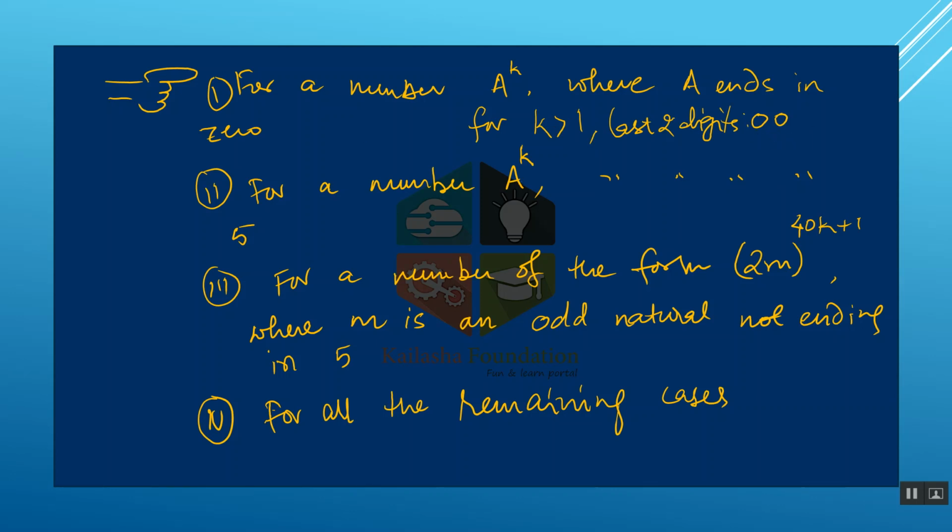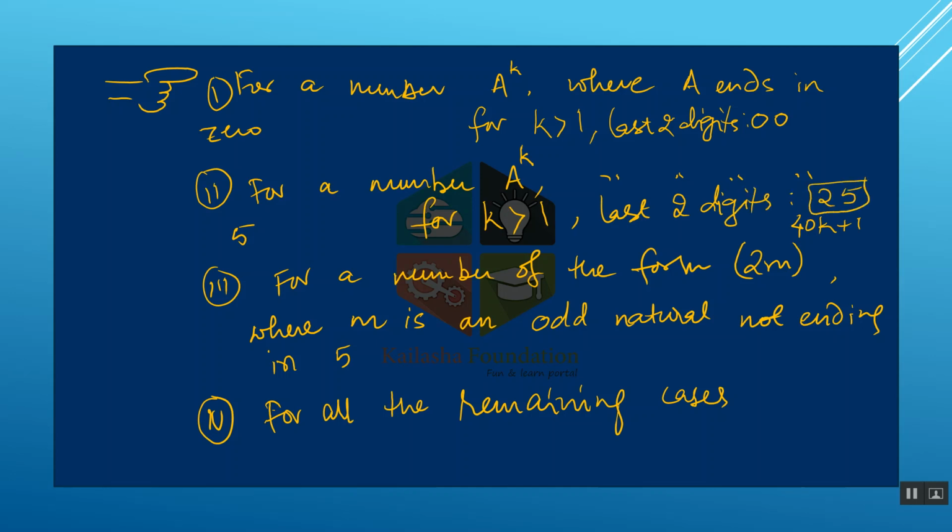For a number a raised to the power k ending in 5, same thing. If k is 1, we already know the answer, and for k greater than 1, last two digits are 2 5.